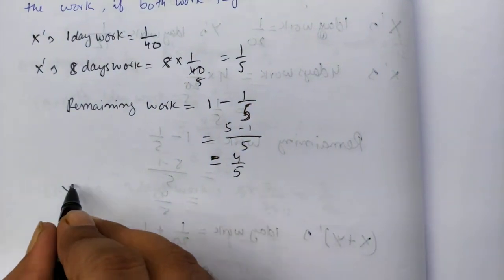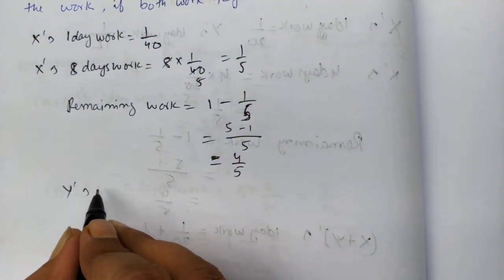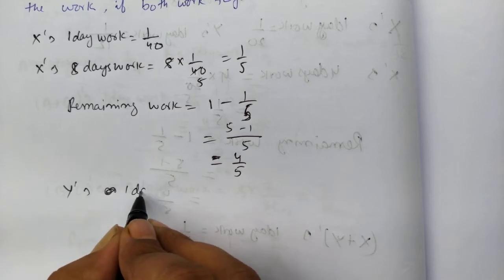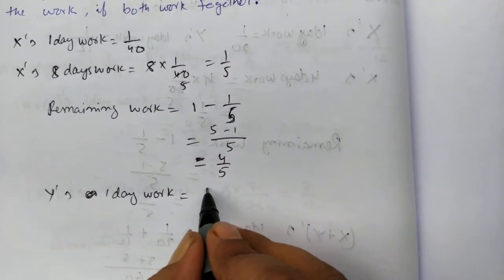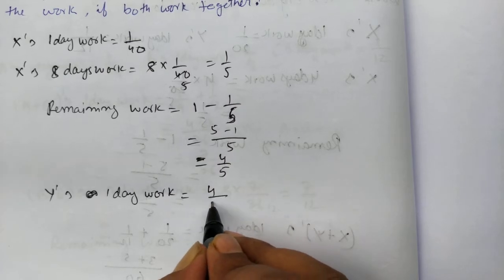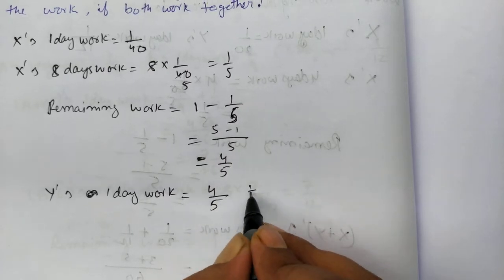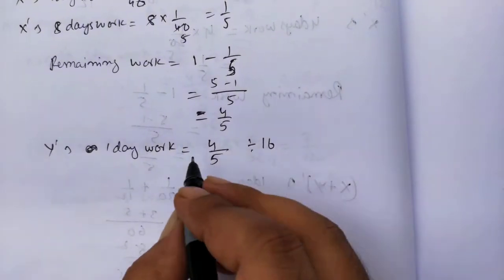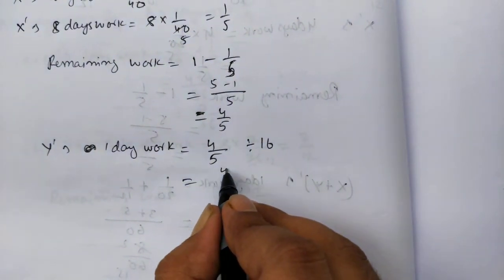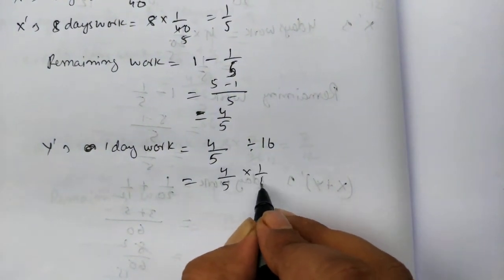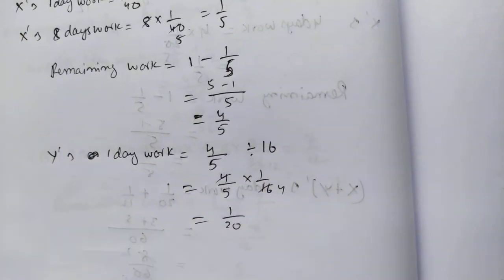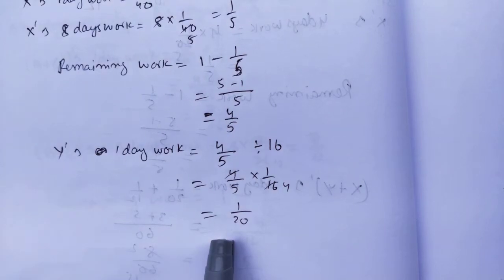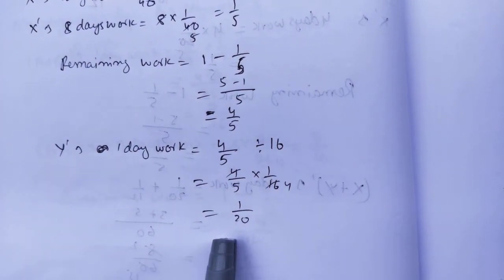So let's find Y's 1 day work. Remaining work was done in 16 days. So divide by 16. We'll be able to get Y's 1 day work. So Y can finish the work in 20 days. Okay, this is Y's 1 day work.